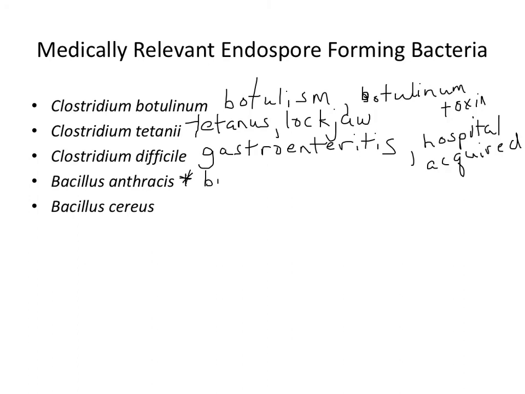So it's a bioterror agent. It was used in the bioterrorist attacks post 9/11 that resulted in several fatalities. Endospores were placed in ventilation systems of several buildings and in several letters, and unsuspecting individuals opened them or inhaled the air in their building.